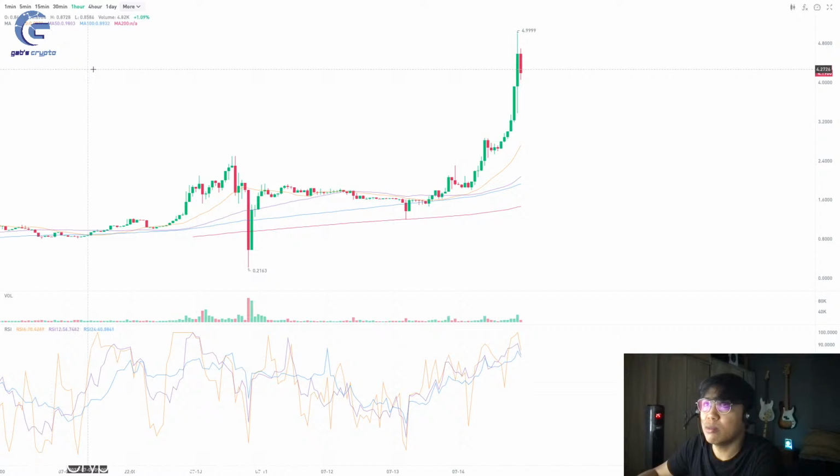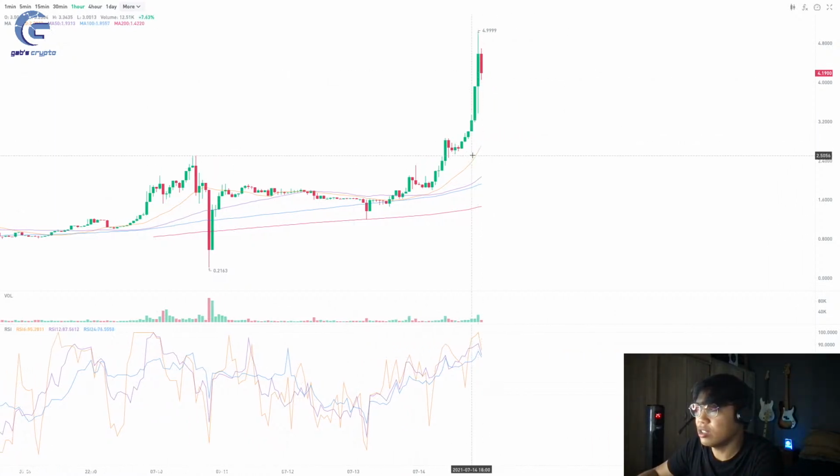So possible na mag-pullback siya to this 20 moving average. Yan, pwede tayo bumagsak dyan. Pero yeah, yun lang yung nakikita kong analysis for ngayon kasi wala naman tayong bearish divergence na nagpo-form, so there are no signs na major dump. Pero sobrang overbought tayo dito, way above 70 tayo dito kay RSI. Tapos itong movement na to is unhealthy na for this massive pump.